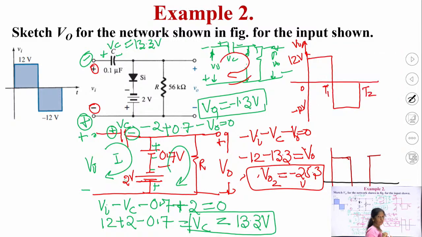Now, I will show you how we are drawing. So, 0 to T1, what is the output voltage? It is minus of 1.3 volts, and V naught 2 is minus of 25.3.